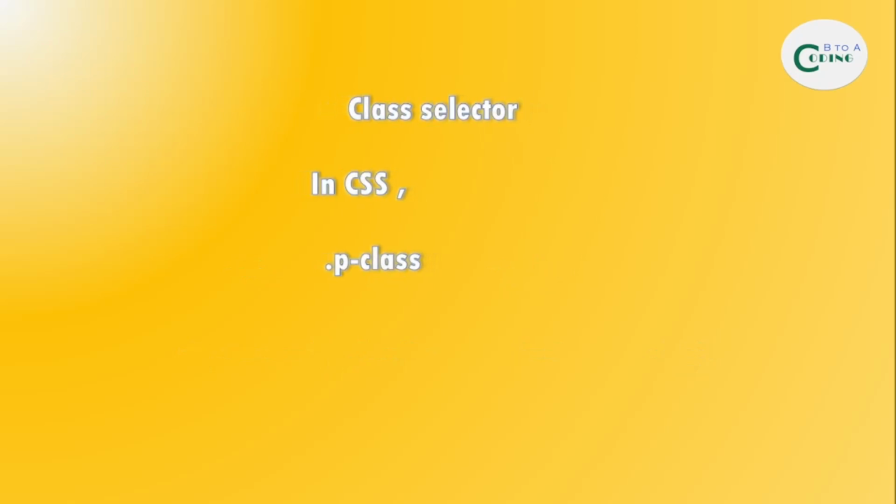type as dot and the name that you have given as the class to the paragraph tag there, and open and close curly braces and give out the design within it. Make sure to use the period or so-called dot before the name in the CSS file when you use it.